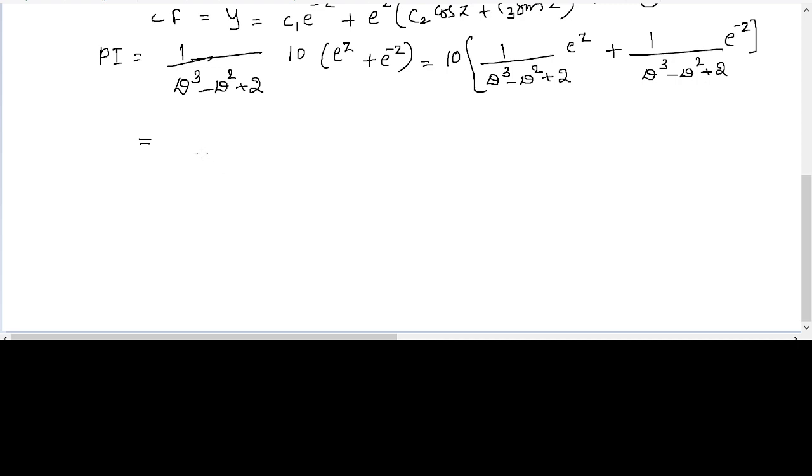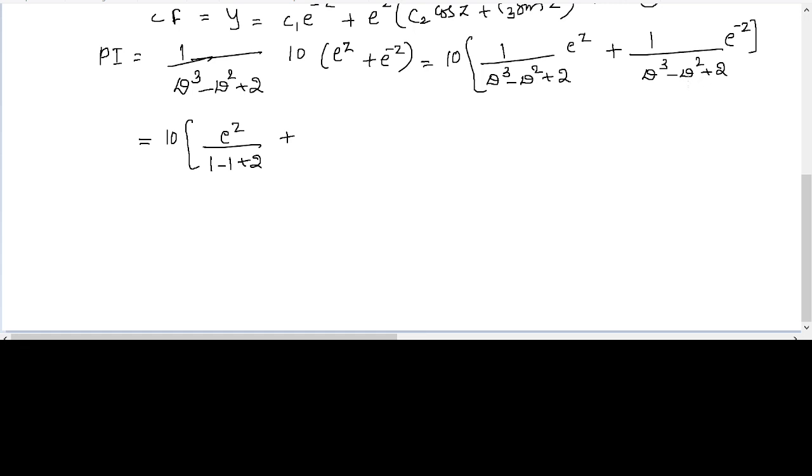So this is giving us 10 into e power z upon 1 minus 1 plus 2, and from the second term if I replace D by a where a is minus 1, we get minus 1 minus 1, that becomes minus 2 plus 2, we will get 0.